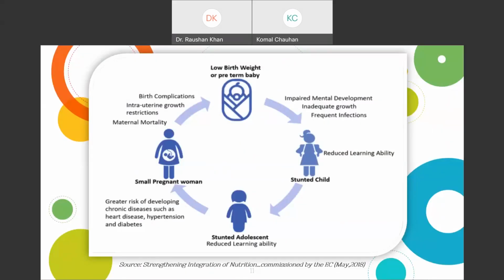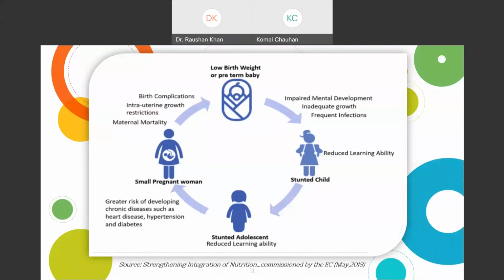Now, this is the strengthening integration of nutrition, that is commissioned by the EC, European Commission. They are just telling a cycle, that in what cycle what happens.